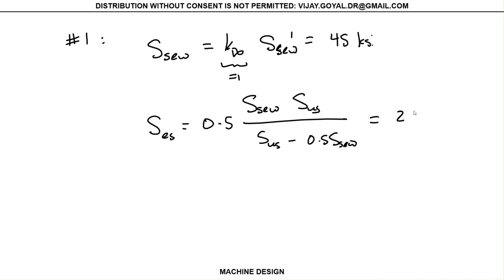That gives you 26.49 KSI. What we want to do in the problem is ensure that this is going to be actually less than SES. We want infinite life.